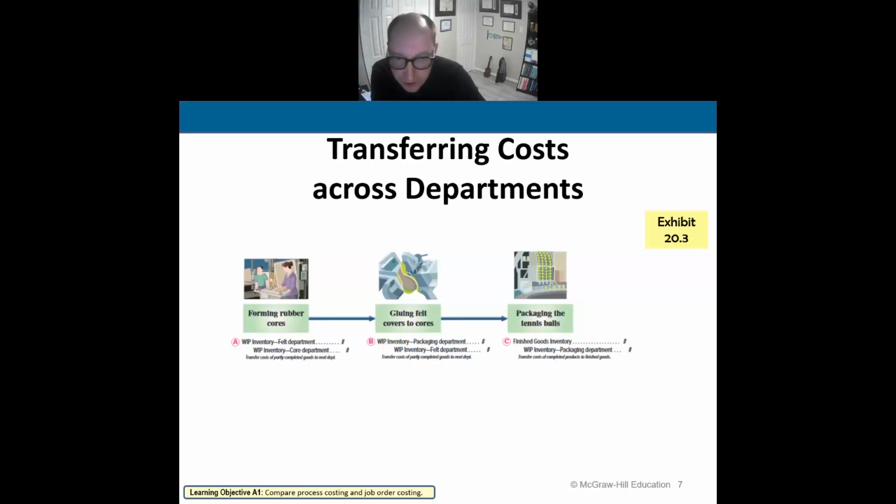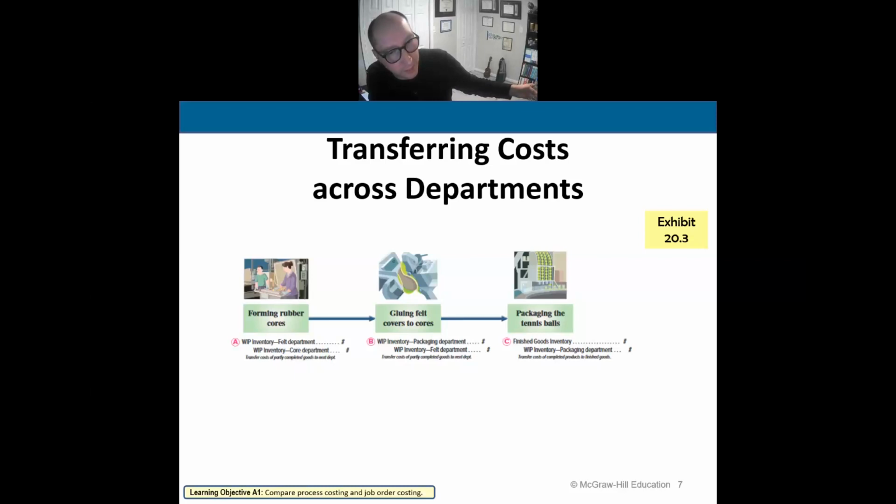Now, these represent the cost of the partially completed product. When the bottle of water came out of the molding department, it's not done, right? I didn't put the water in yet. I didn't put the cap on yet. I didn't put it in a box yet. It's not done.